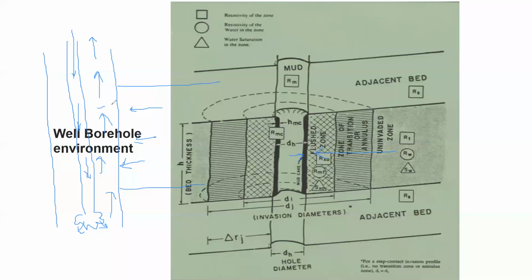I have only one way, because this drilling fluid is also exerting some pressure on the wall of the well bore. If I can maintain this pressure a little above the pressure that the formation fluid has, then I can control it. This fluid cannot enter into the annulus. And the reason is, if this fluid enters into the annulus, what happens?